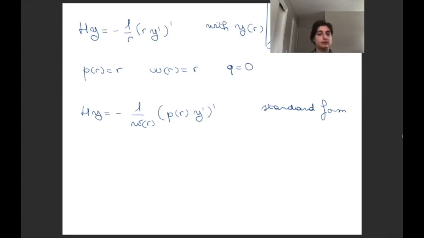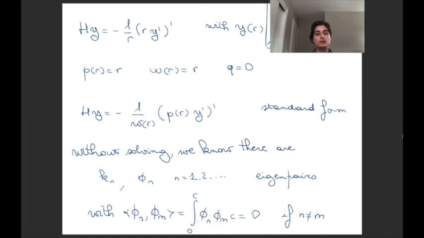Looking at this, we recognize it as a Sturm-Liouville problem with p(r) equal to r, w(r) equal to r, and q constantly equal to 0. We can write it in standard form, H y equals minus 1 over w times (p y prime) prime. Without solving it explicitly, we just know there are solutions.